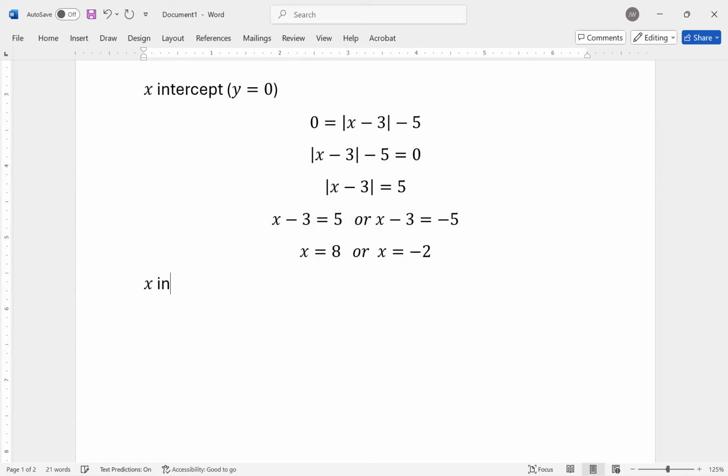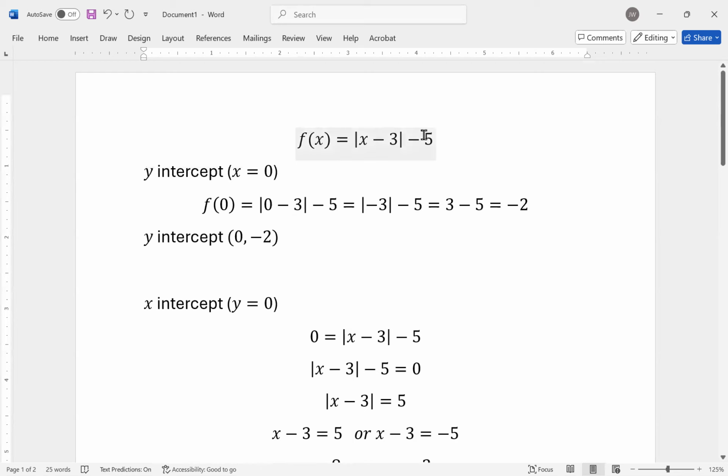That means I'm going to have two x-intercepts, one at the point 8, comma 0, and the other at the point negative 2, comma 0. So I have two x-intercepts right there.